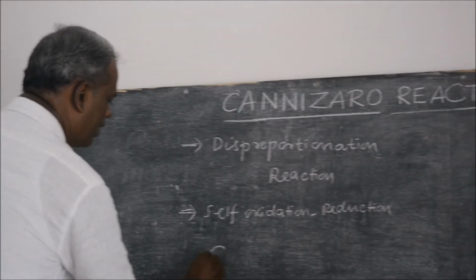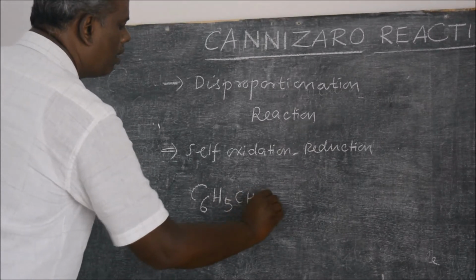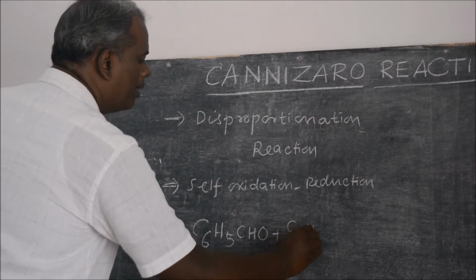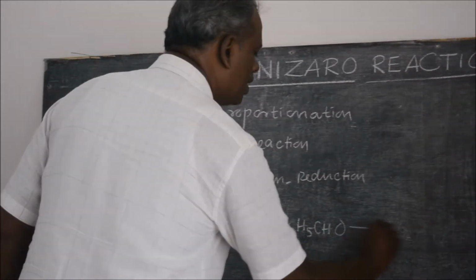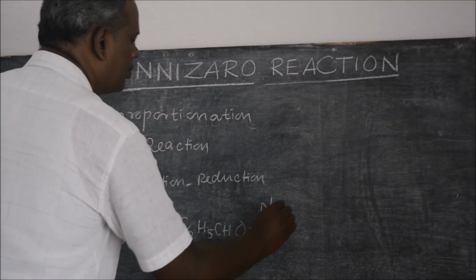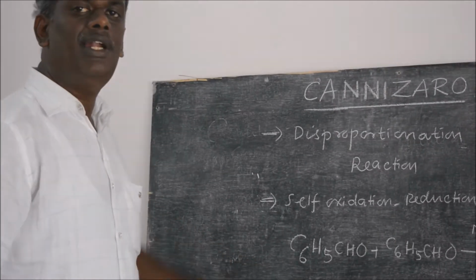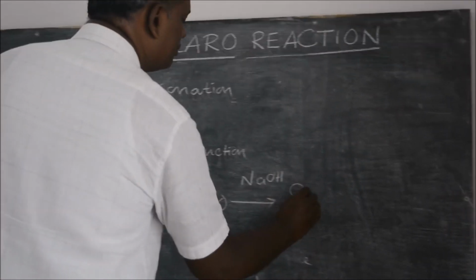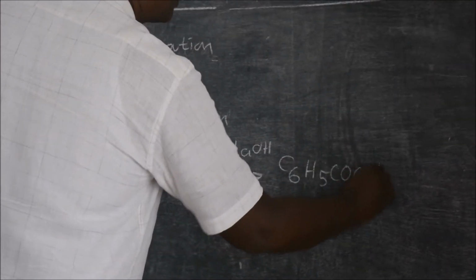For example, we can take C6H5CHO, benzaldehyde molecule 1 and benzaldehyde molecule 2. They are reacting with each other in presence of NaOH. The oxidized product of benzaldehyde is benzoic acid, and we are obtaining its sodium salt as a product, C6H5COONa.